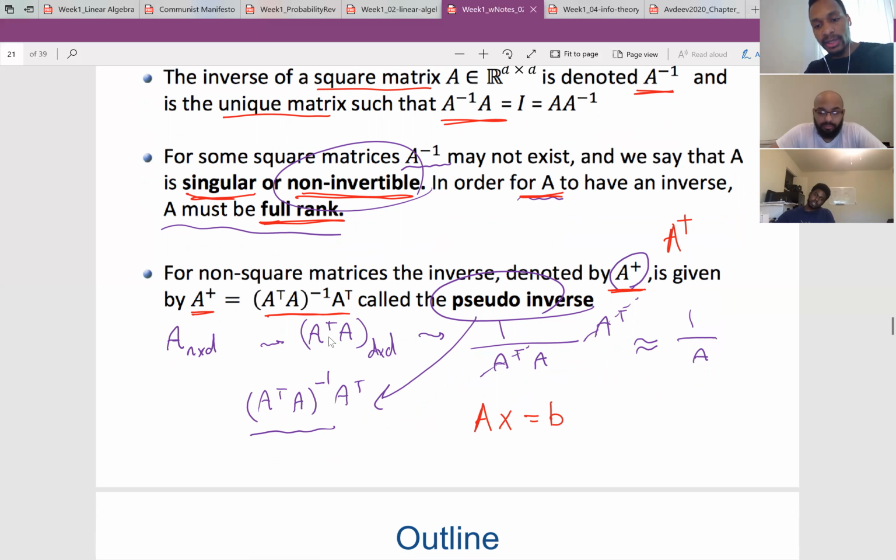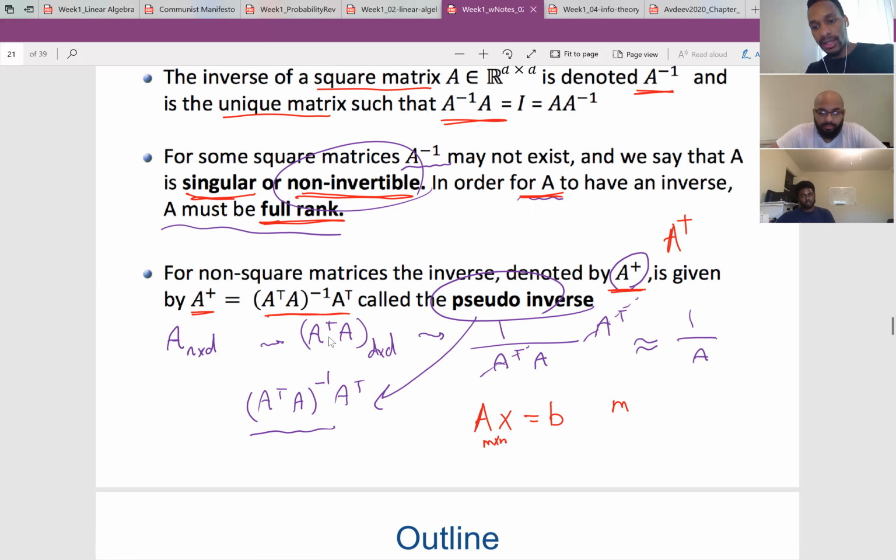Okay, yeah, let me not go deeply into it. But let's say you have more rows than columns of this matrix, and you want to then figure out the least squares approximation of this thing.